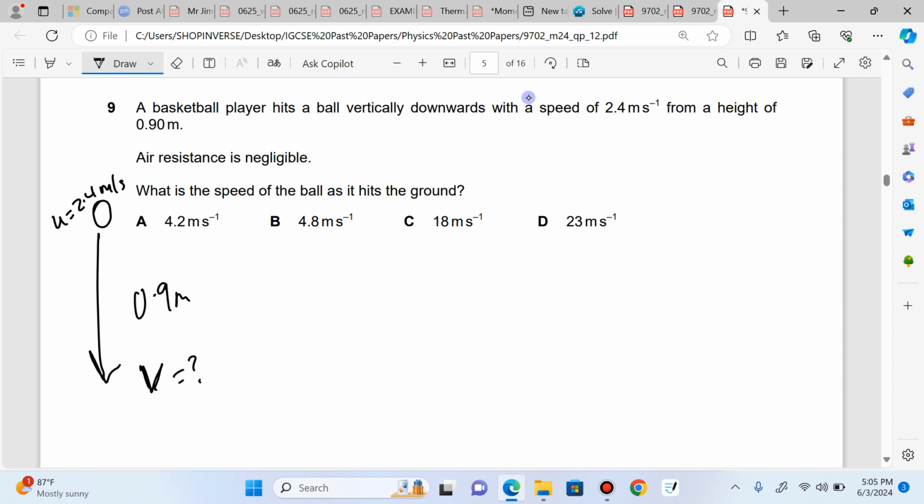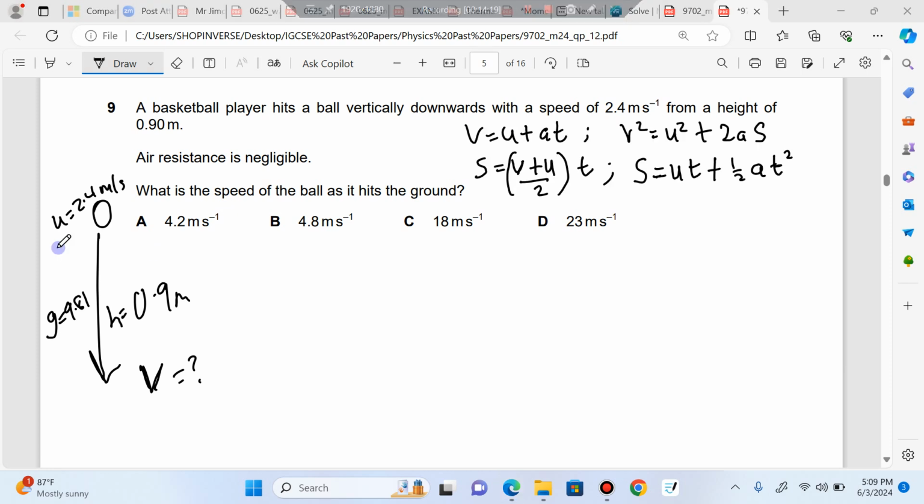Now we bring in the equations of rectilinear motion, taking note that g is equal to 9.81 meters per second squared. Which equation of motion under gravity would you use to solve this question? So after listing out these variables, I will list out my equations of rectilinear motion and I will ask myself, which of these equations has u, v, h, and g?